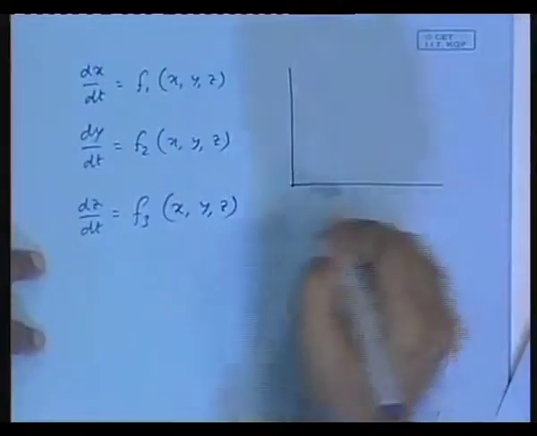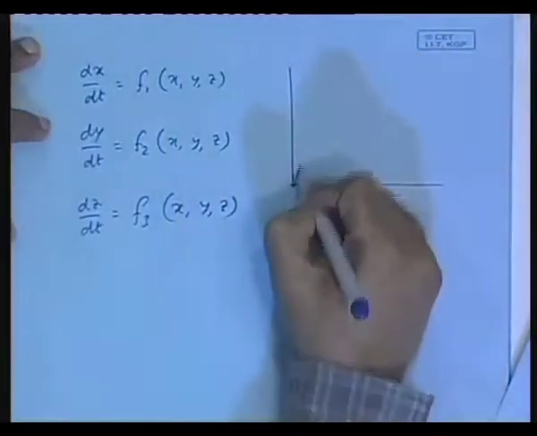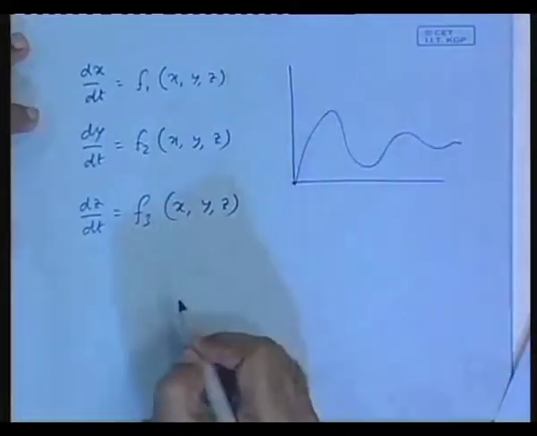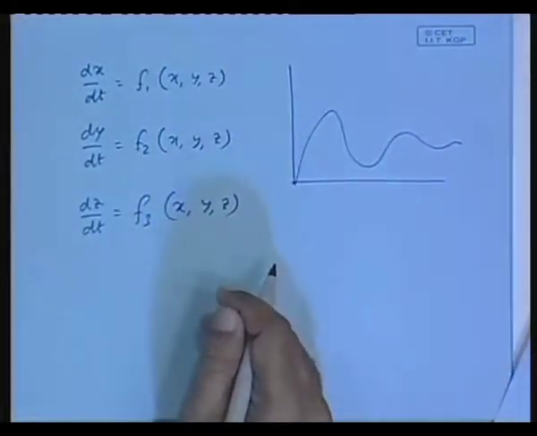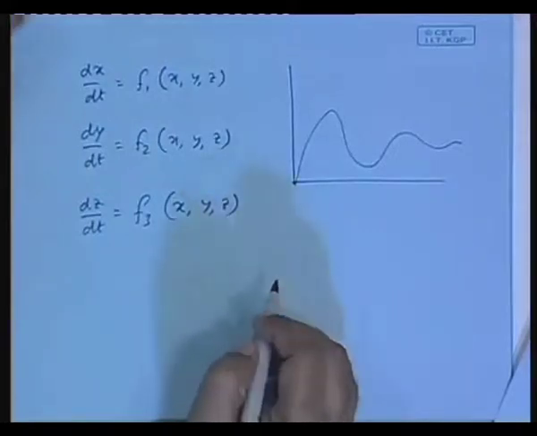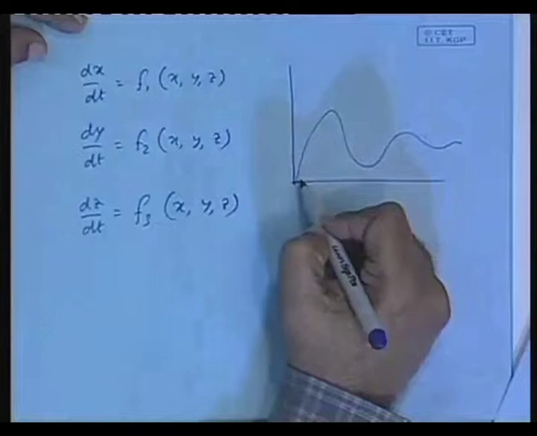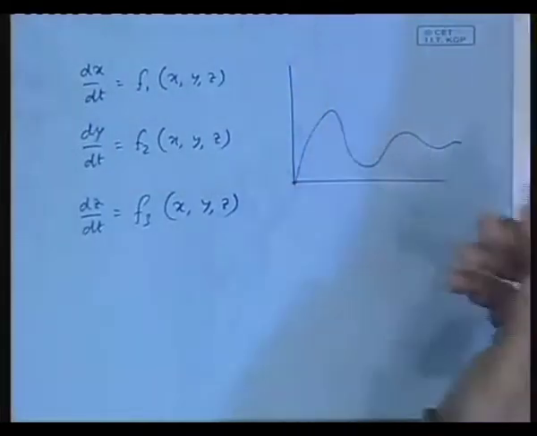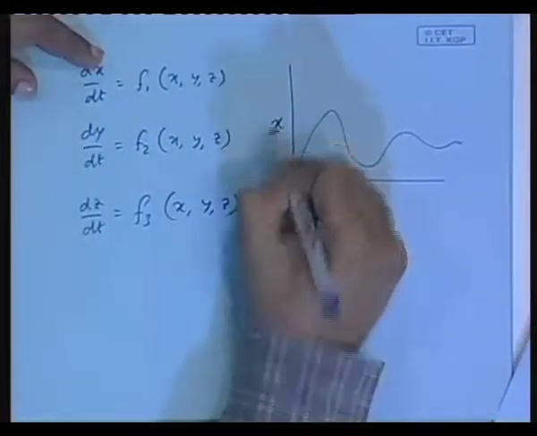But nevertheless, when we are doing that, what are we in essence doing? We are starting from an initial condition. That means here is my x, y, z at the initial time t equal to 0, and then it is evolving. Evolving in what? Now, the evolution you have normally seen as a waveform something like this, time versus a variable x.